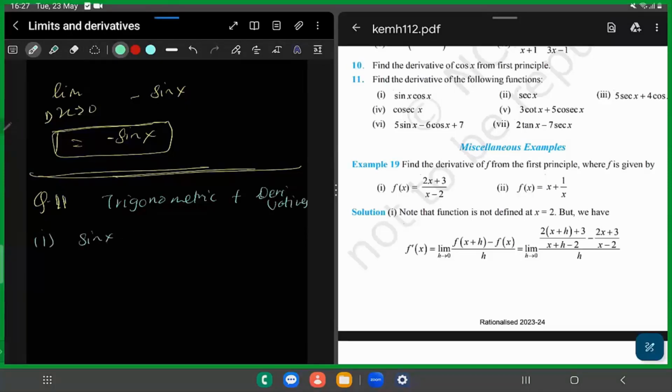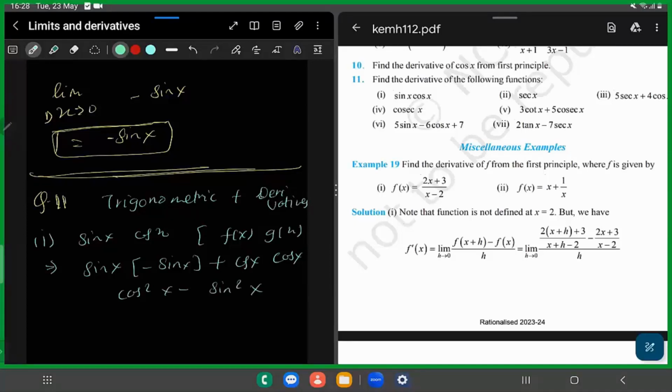This is some function f(x) into g(x), so you can say sin x into derivative of cos x, which is minus sin x, plus cos x into derivative of sin x, which is cos x. So this is cos square x minus sin square x, which is nothing but equal to cos of 2x.